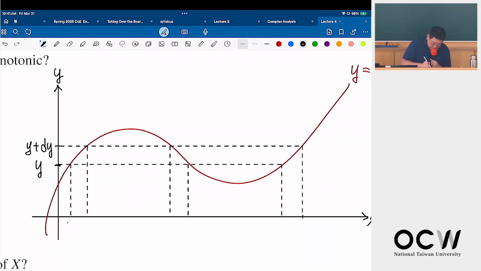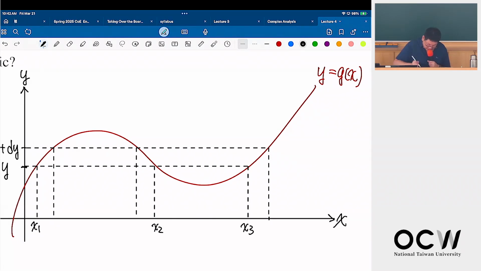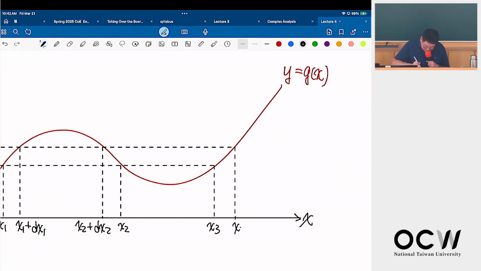So here I have x1. This is x2. And this is x3. For this part, it will be x1 plus dx1, x2 plus dx2, and then x3 plus dx3.